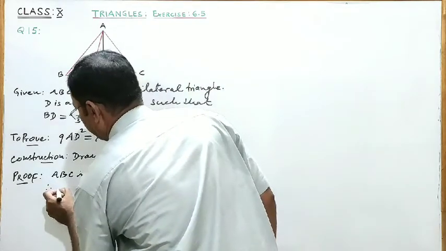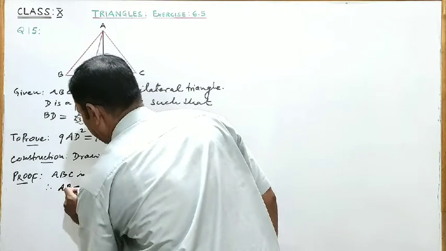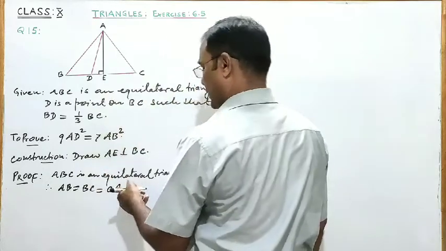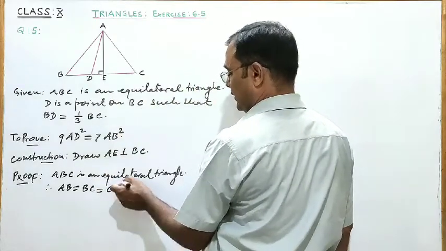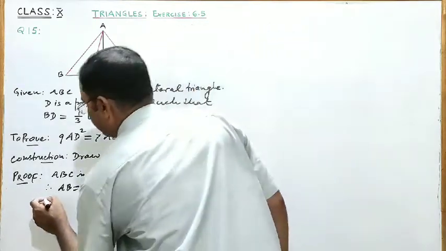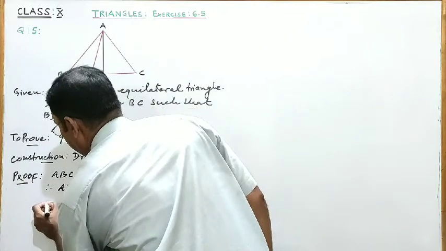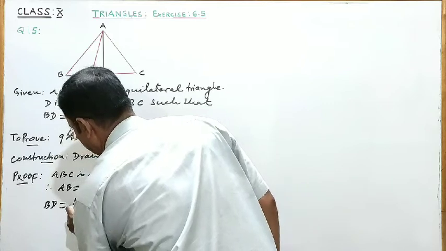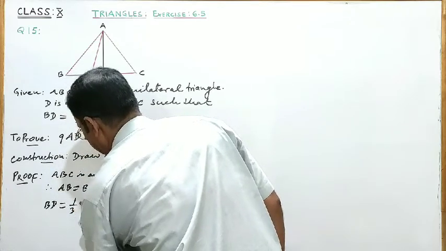So therefore AB is equal to BC is equal to CA. All three sides of this triangle ABC will be equal. And also we are given BD is equal to 1/3 BC.